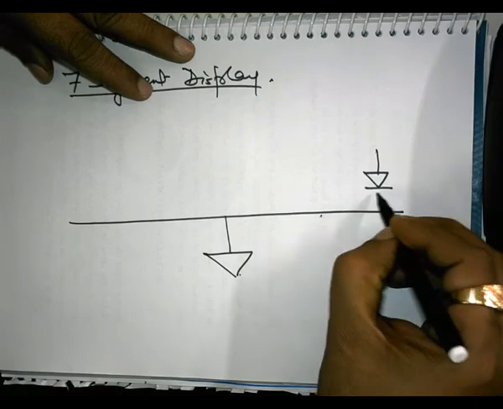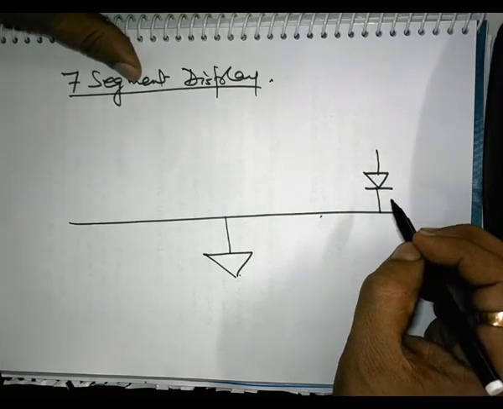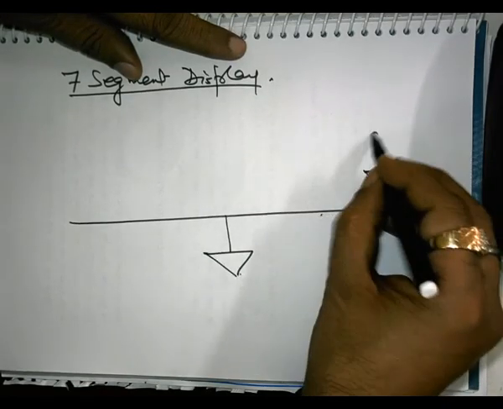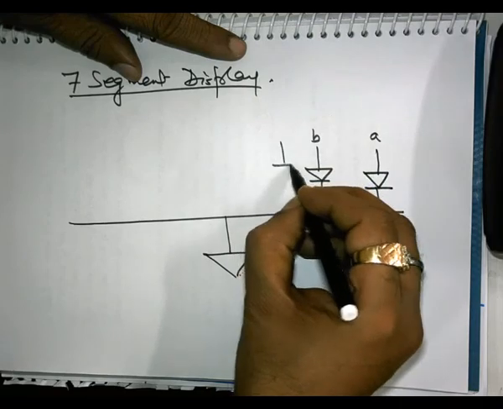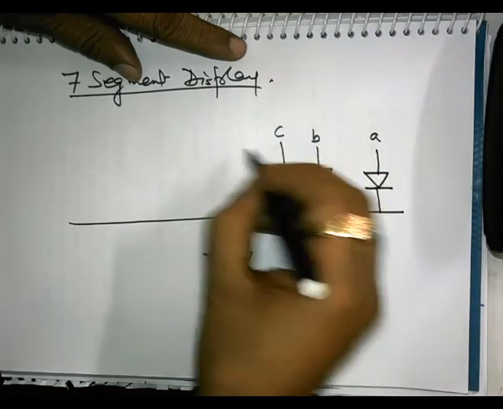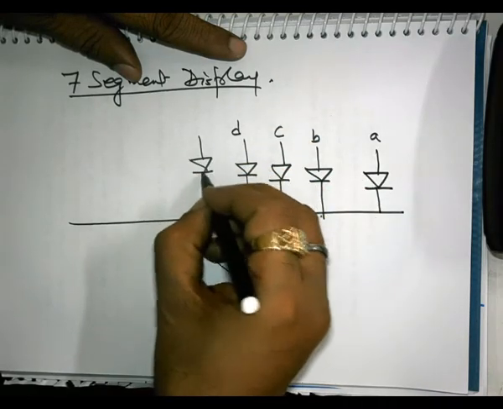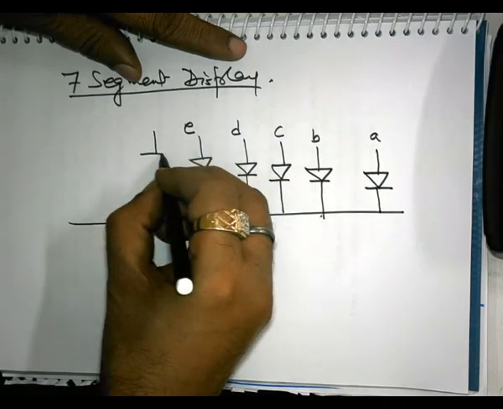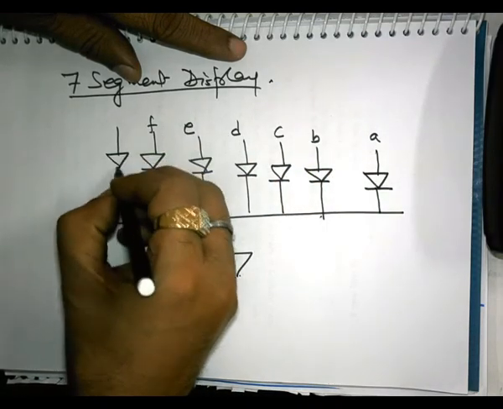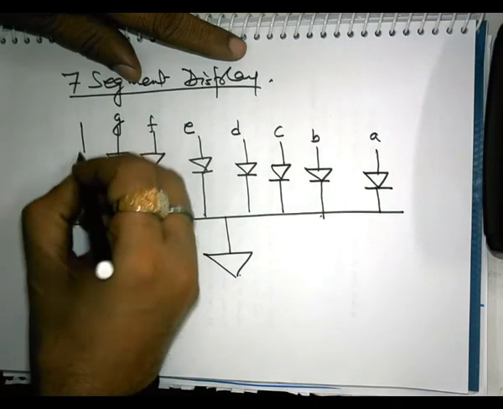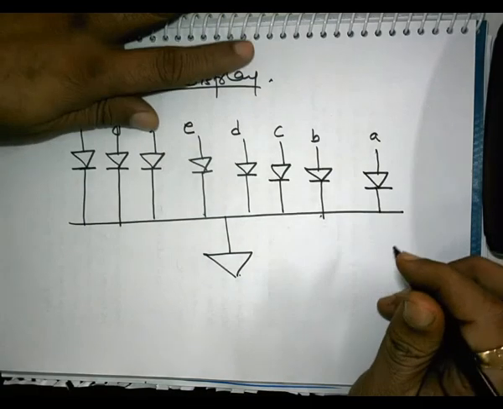Suppose this is LED A, this is B, segment B, segment C, segment D, E, F, G and there is one for decimal point. You may say this to be H.